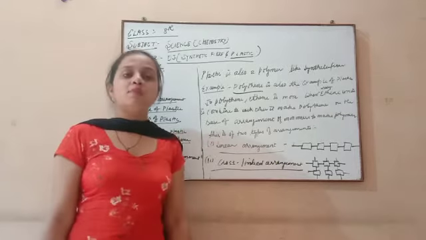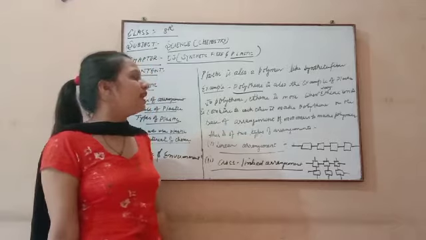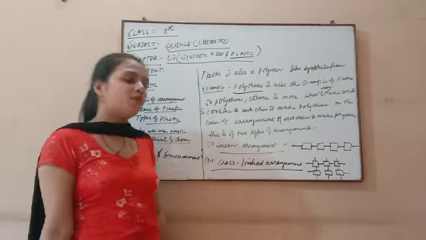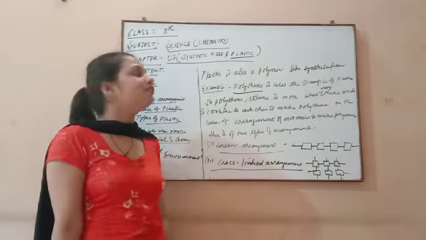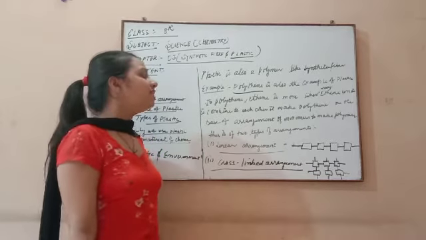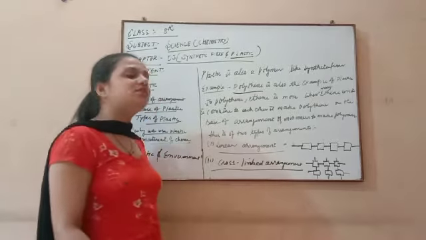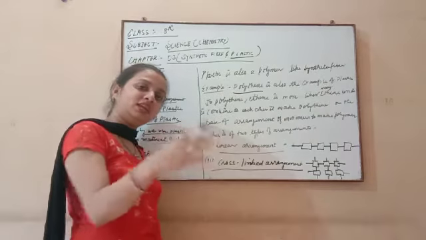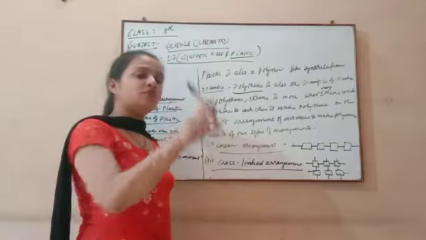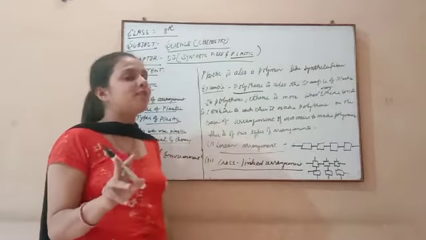When many monomers are joined with each other, they make polythene. This polythene is the polymer made with the help of which monomer here? Ethene monomer. And on the basis of arrangement, it can be a linear chain or cross-linked. There are two types of arrangement in plastic.